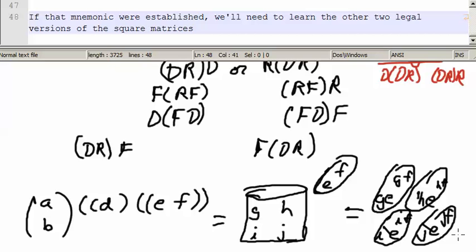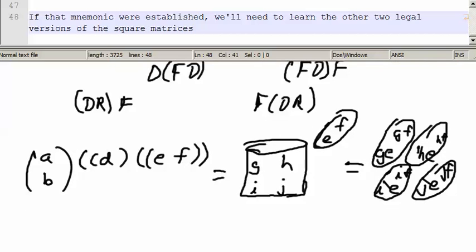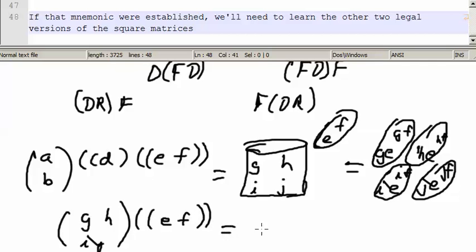That would be the logical way, because that's what's going to come out of this, I think. If we have G, H, I, J times parentheses, EF, that's going to give us GE, GF, HE, HF.